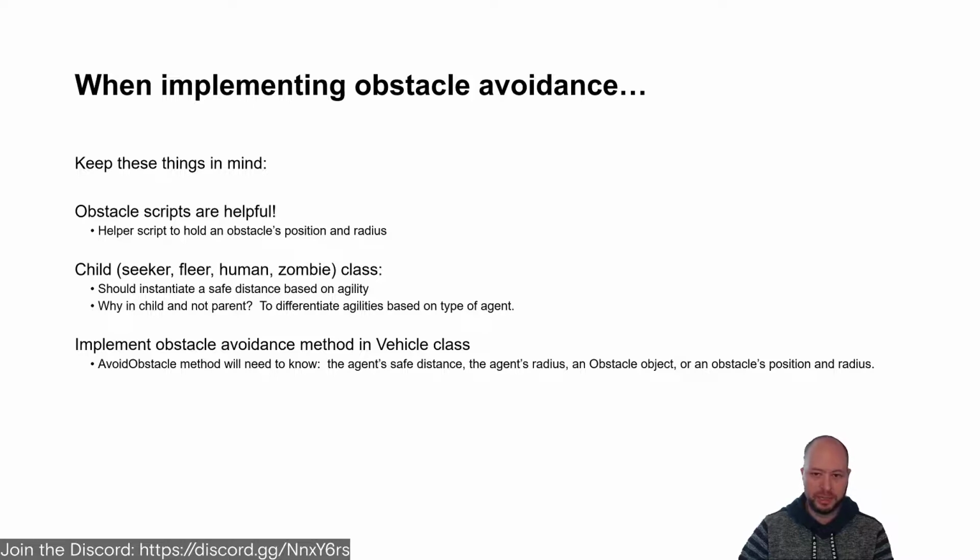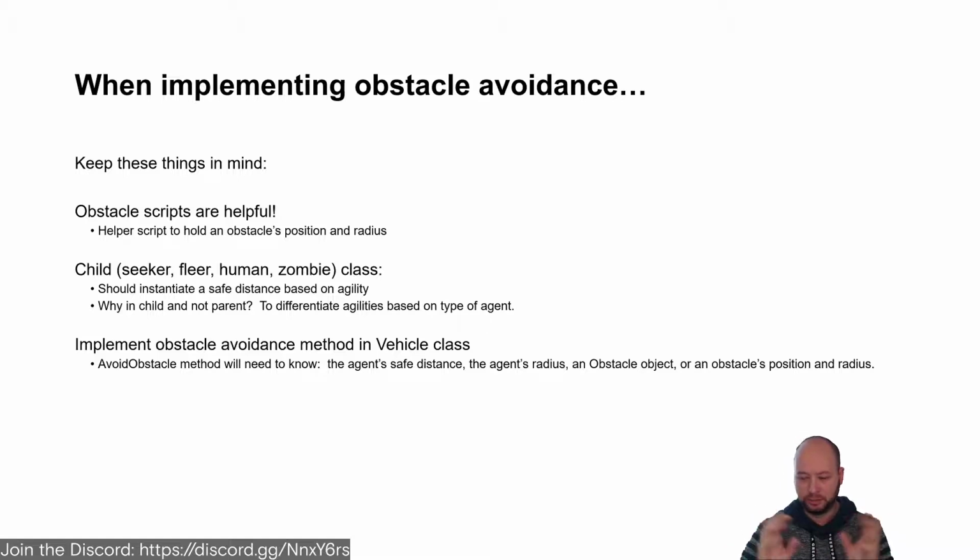When you implement this, there are a few things to keep in mind. Scripts are really helpful. Creating a helper script to hold the position and the radius of an obstacle can be really helpful, because that's how you can access those things in other scripts. The child class can create and hold on to these base values, so that you can differentiate these things based on the agent.